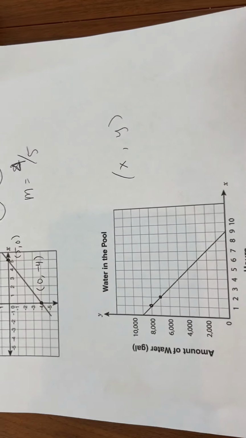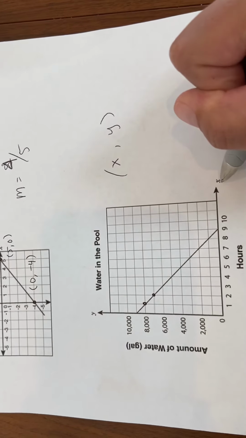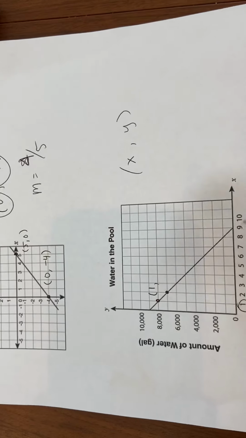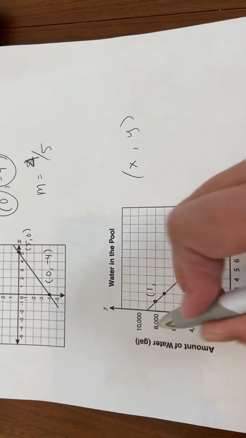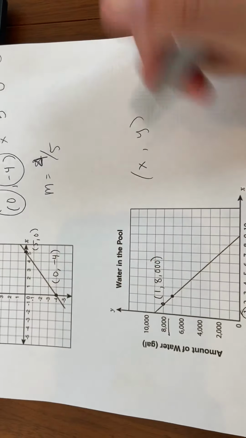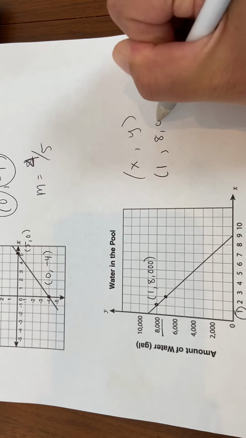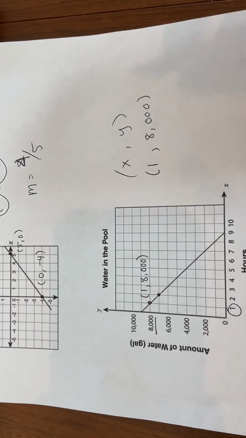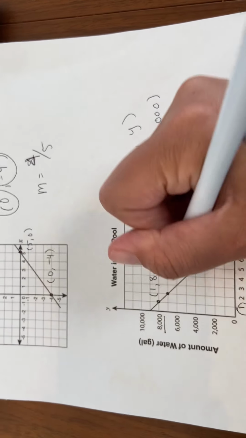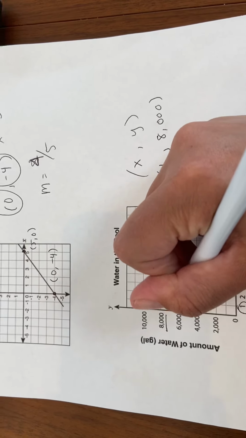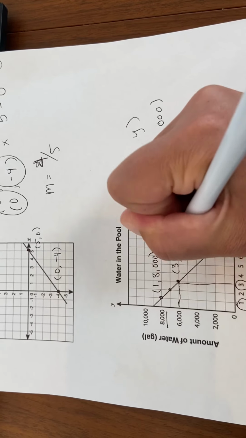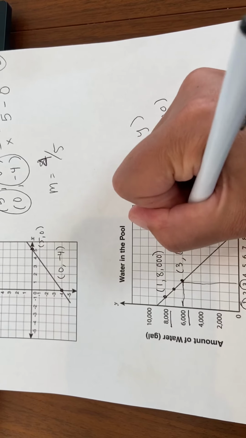Here on the x-axis, I am running 1, and on the y, we're at 8,000. So when x is 1, y is 8,000. I'll pick one more point, and let's make it easier so I have a definite x and y. When x is 3, y is 6,000.